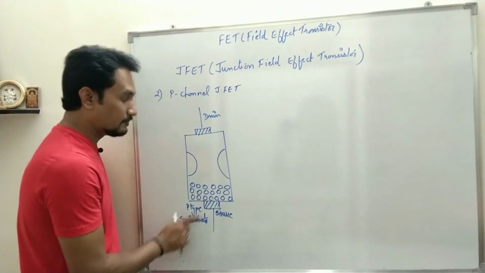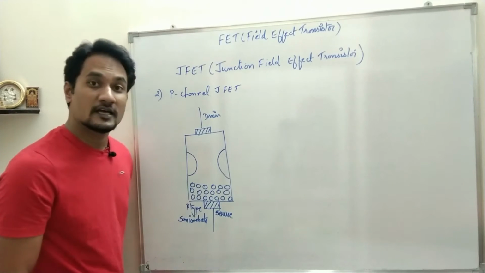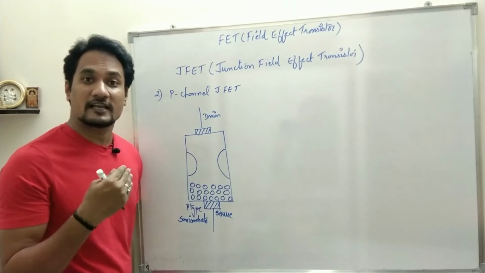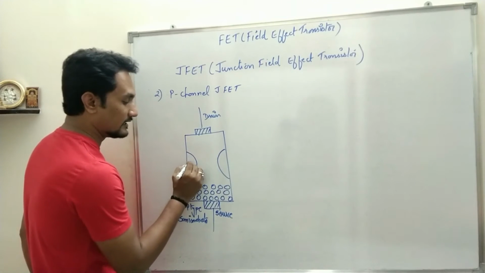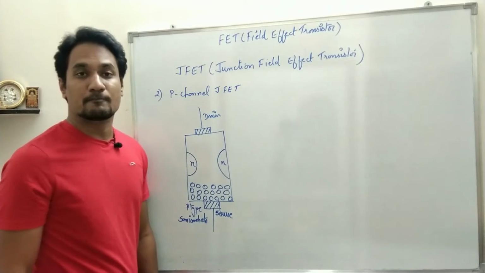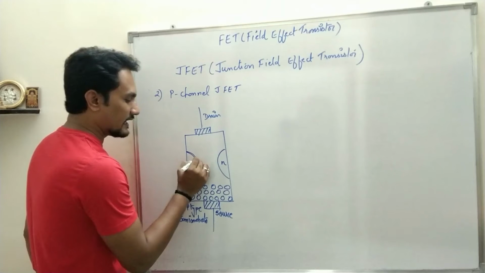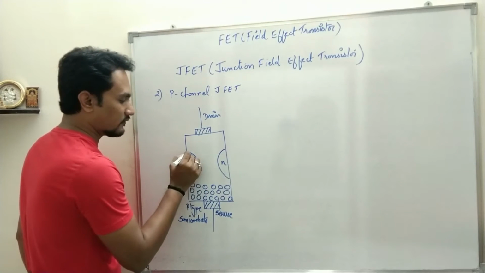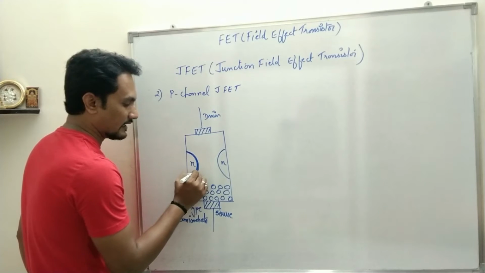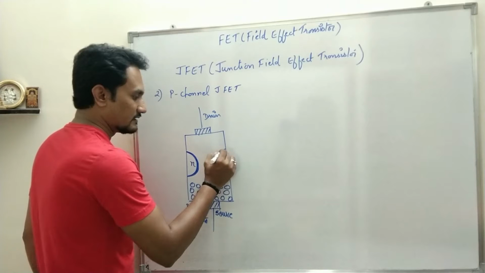Now for p-channel JFET, we have p-type semiconductor, so we already have a P region. So we have to dope pentavalent impurity so that we get an N region and of course form a PN junction. As soon as a PN junction is formed, there will be a depletion layer, a potential barrier at the junction.